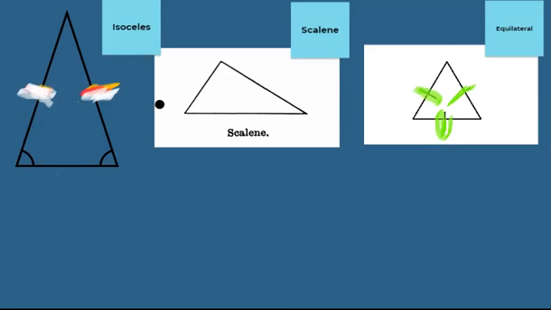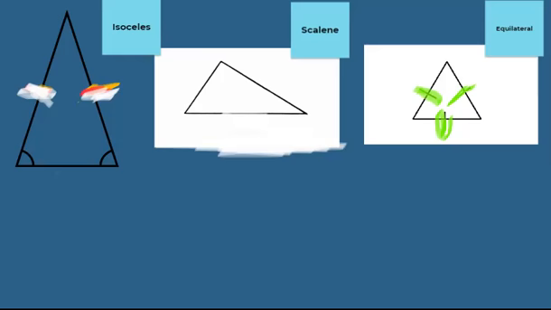So you can remember isosceles as the one that doesn't have any trick to remember. Scalene, as if all of us go on a scale, then we won't be the same weight. And lastly, we have the equilateral triangle, which you can remember from the word equal in it.